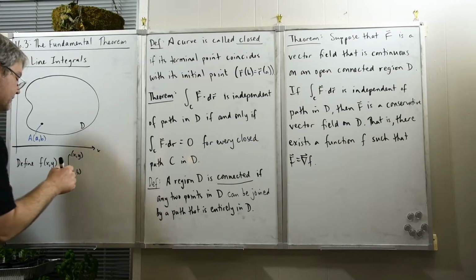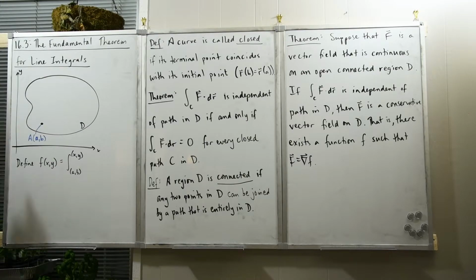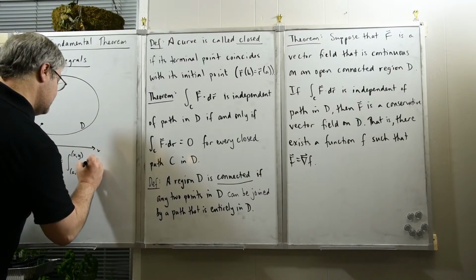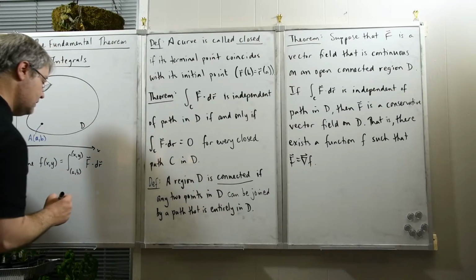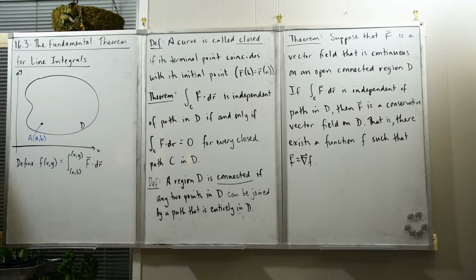We're going to have a path that has initial point A and terminal point we're going to call xy. And so we're going to take the line integral of f from the point ab to the point xy. And this is going to be true for any point xy that's in the region D.